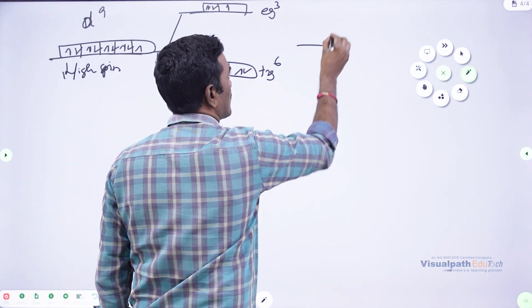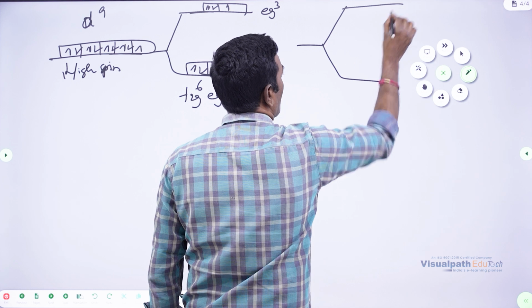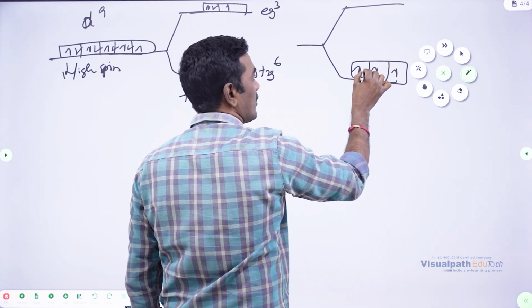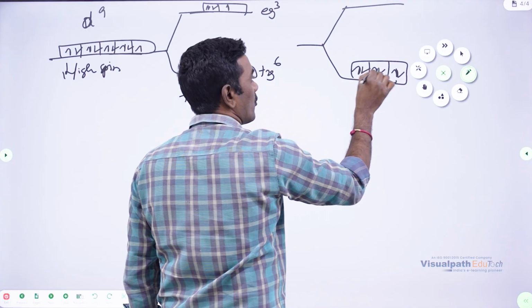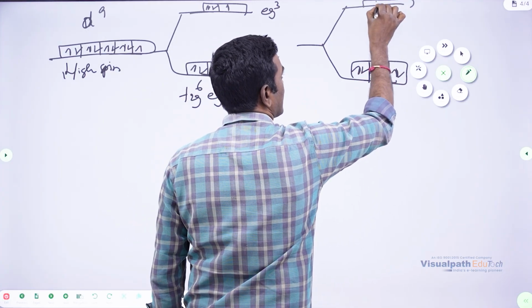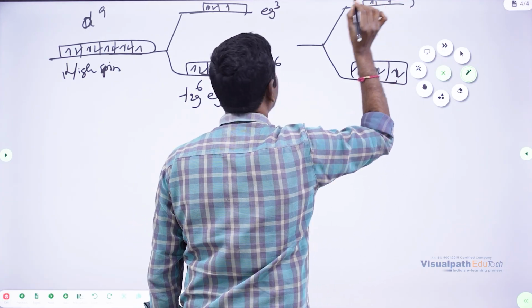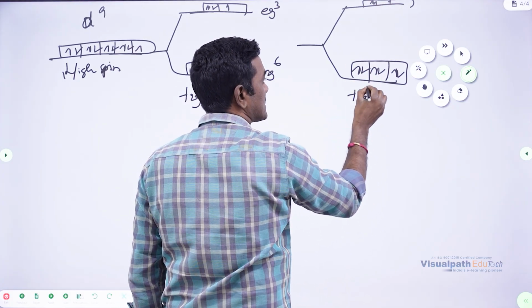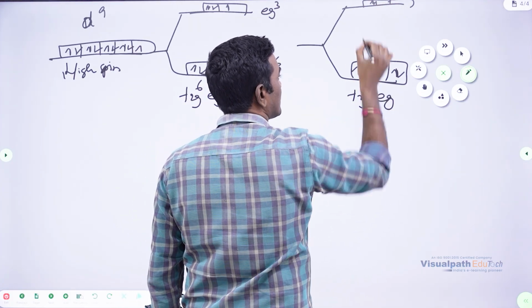Let us write for low spin also in the same way. How many electrons? 1, 2, 3. We have to pair immediately, right? 4, 5, 6, 7, 8, 9. Right? t2g how many electrons? 6. eg how many electrons? 3.